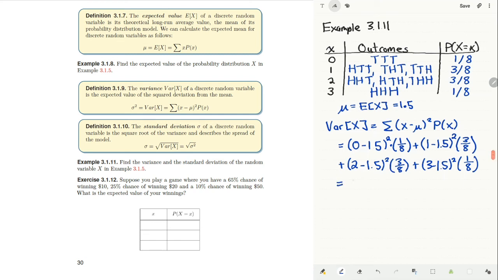And if we perform this calculation, we'll end up with a variance of 0.75. And now to find the standard deviation, we take the square root of the variance. So the square root of 0.75 will be approximately 0.87.